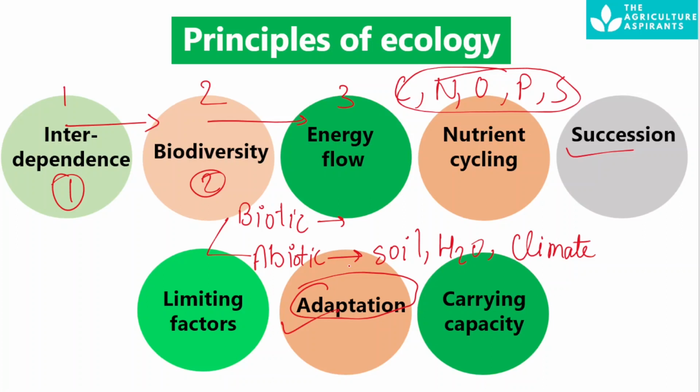So we can say that this relates to adaptation and limiting factors. The cheetahs were reintroduced in September 2022, and some more in February 2023. Out of 12 or 15, 8 have died.